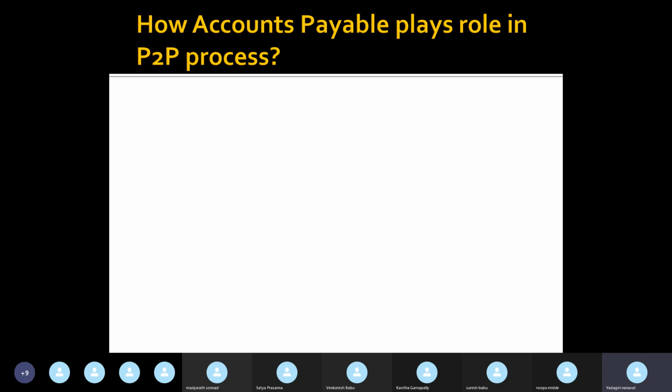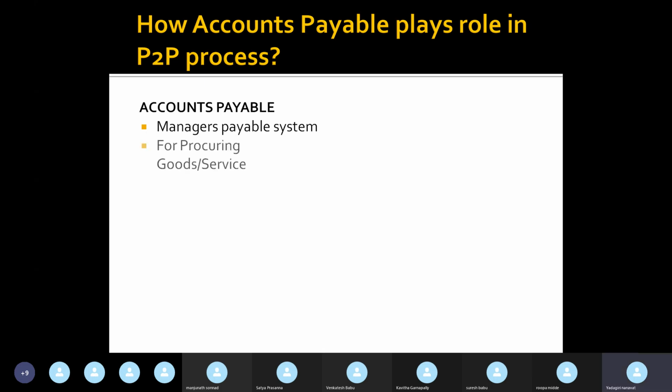Yes, it plays a very important role. In accounts payable, for manual payments we use F-53. For automatic payment, we use F110. Here for procuring goods and services, periodic summary like invoice, delivery and payment.